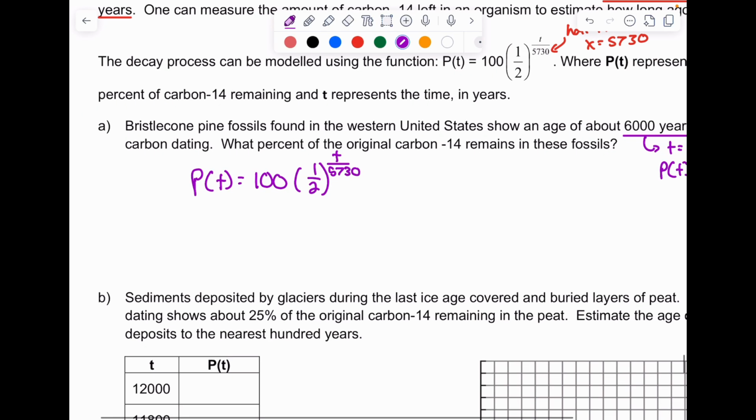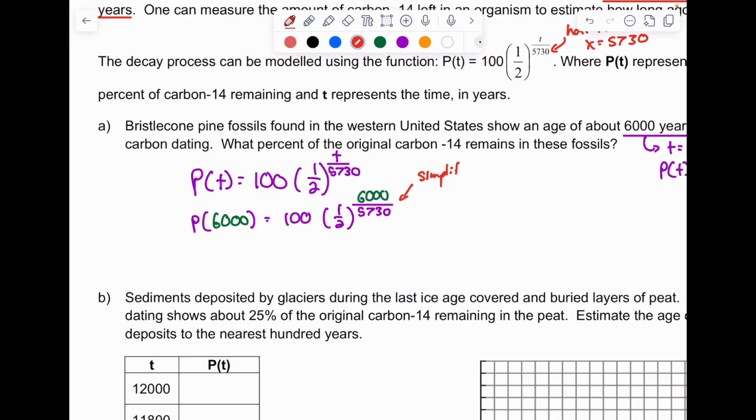But now the problem is saying, what is P of T when T is 6,000? So we substitute 6,000 for the T right up top here, and that is being divided by 5730. So your calculator might bug out if you try and put half to the exponent of this. So simplify this first.